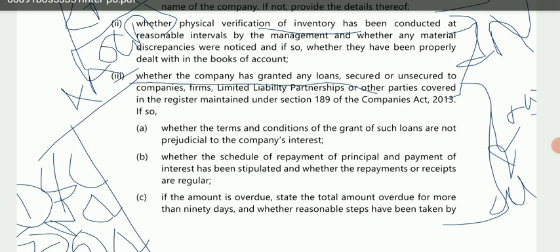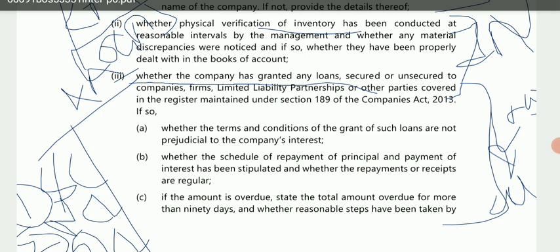In the second point, I told you that you have to write about inventory, where you have to mention the physical verification and the material discrepancy. Now third, we have to move to loans and advances, that is, to all those people or organizations to which the company has given loans. Here the company has not accepted, the company has granted, that means the company has given.